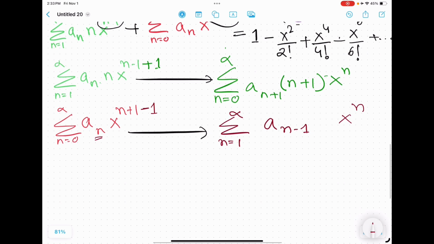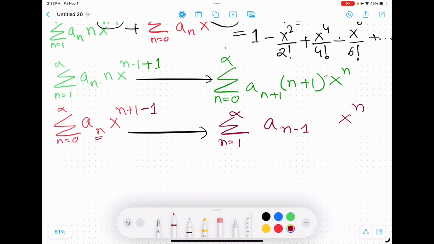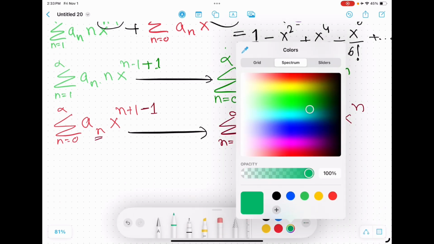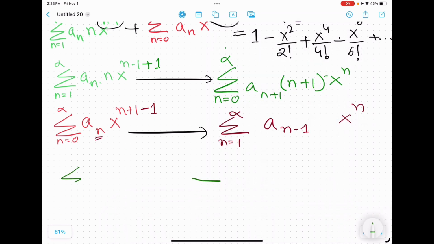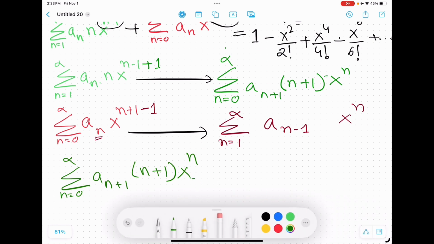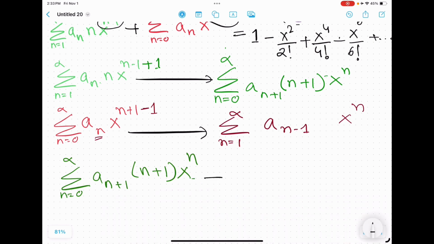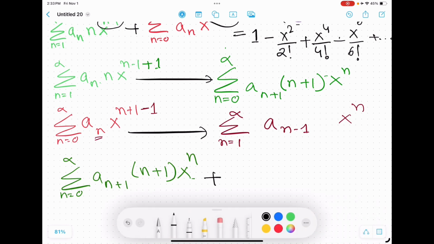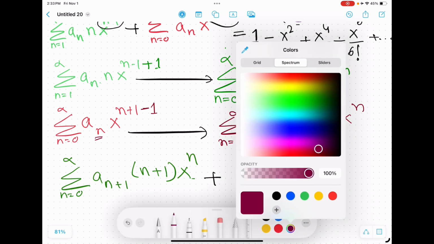So let's now write our transformed power series. Again, using my exceptional green color, I have the summation n equal to 0 to infinity of a sub n plus 1 times n plus 1 times x to the power n. And then I have my plus, and then again I'm going to write my transformed second power series.